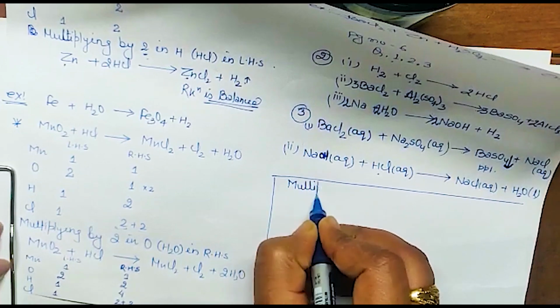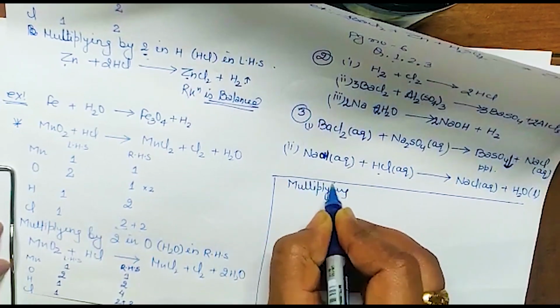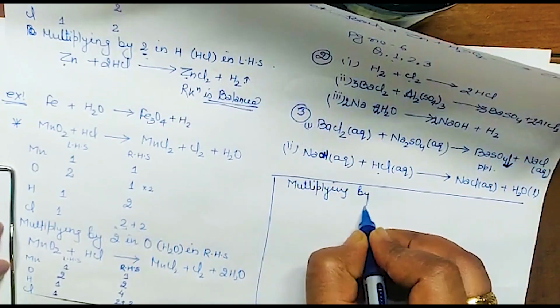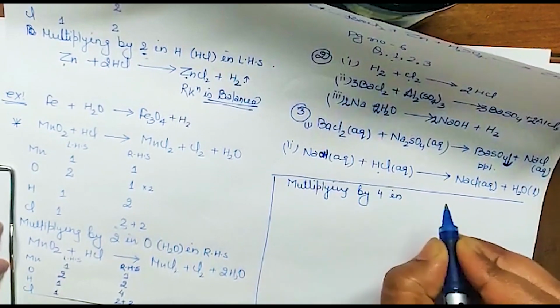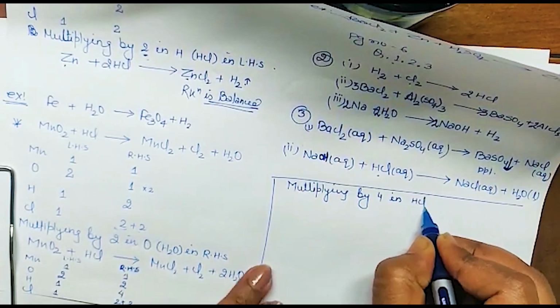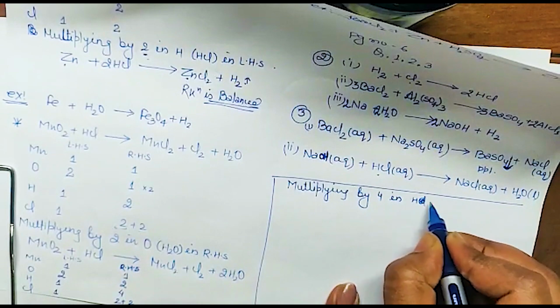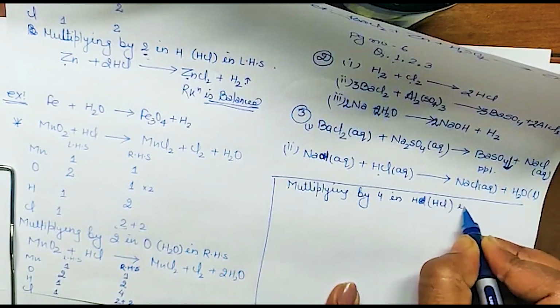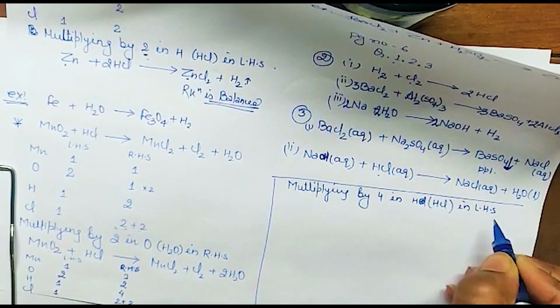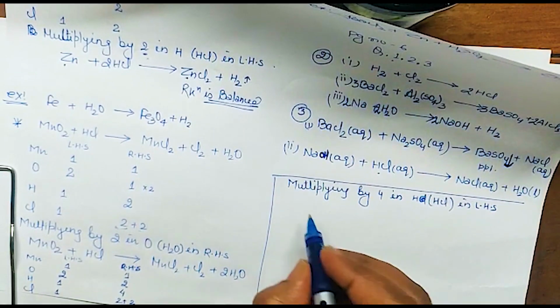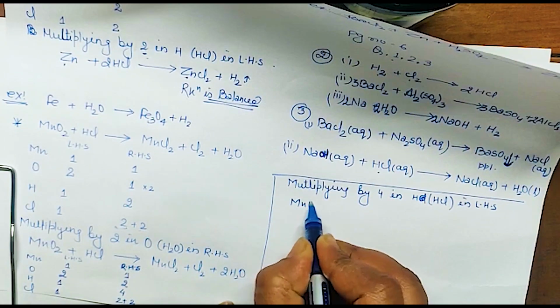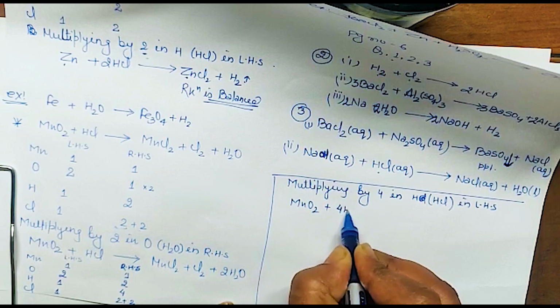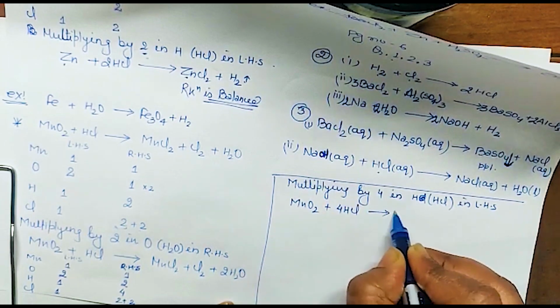Multiplying by 4 in the H of HCl on the LHS side. So if you multiply, it will be MnO2 plus 4HCl, then it will be MnCl2.